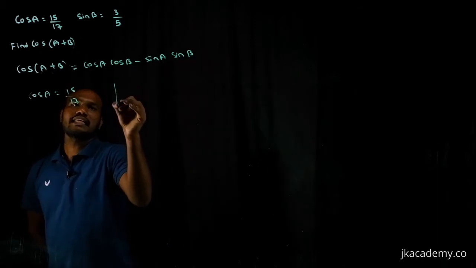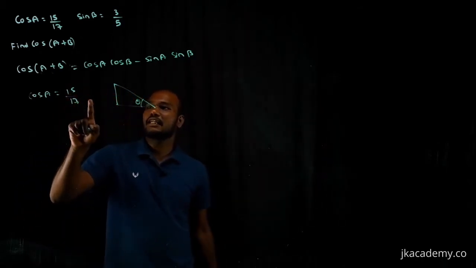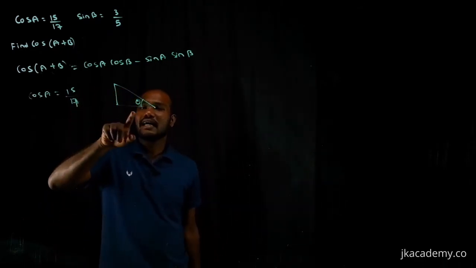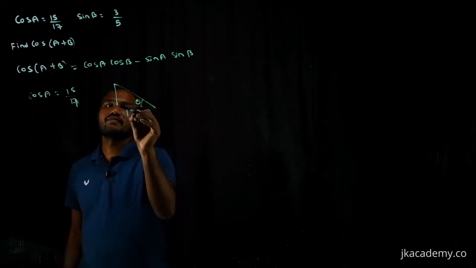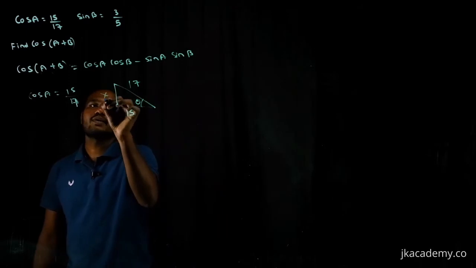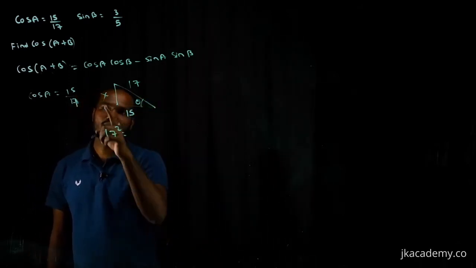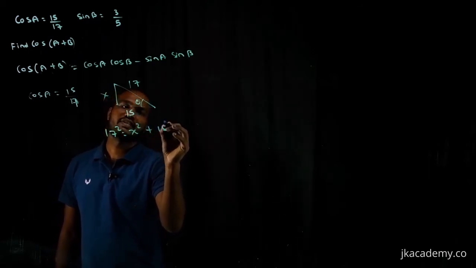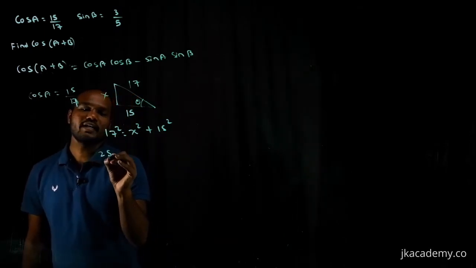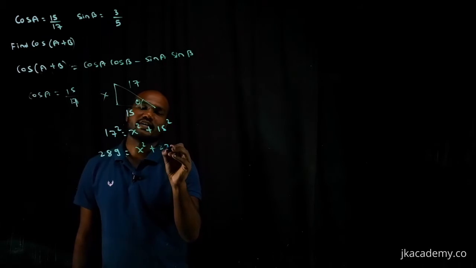See here, cos A is given. If I consider this angle as theta, this is adjacent by hypotenuse, 15/17. This will be 15, and this will be 17. I don't know the x value. To find it, hypotenuse square, that is 17 square, is equal to x square plus 15 square. 17 square is 289, 15 square is 225.